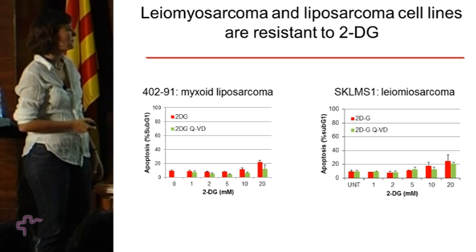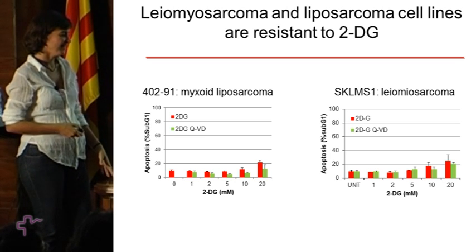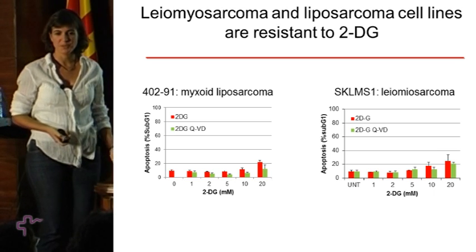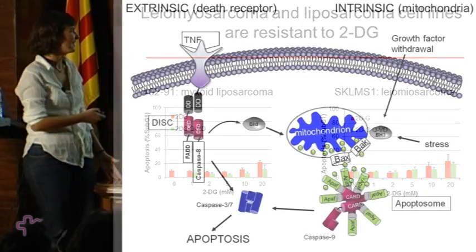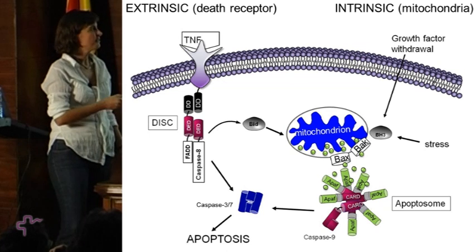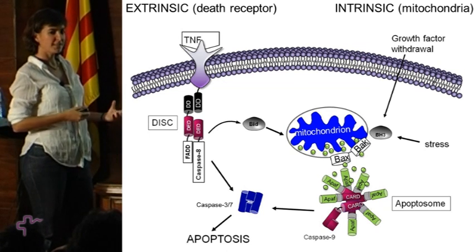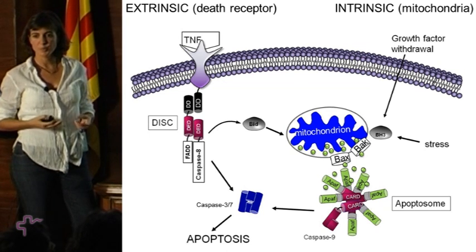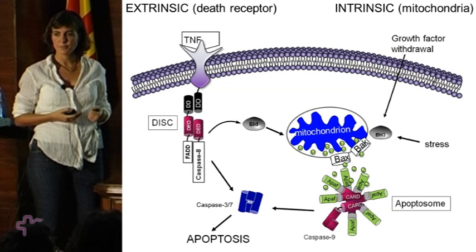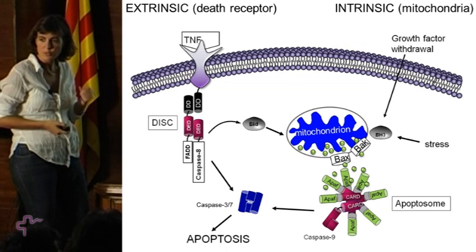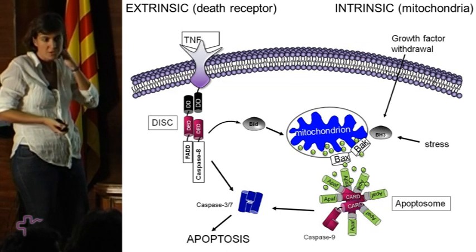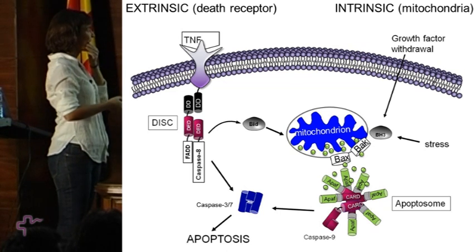We decided to study the cells that do die with 2-deoxyglucose to try to understand the mechanism, which are the alveolar rhabdomyosarcoma. So again, a reminder of the two pathways of apoptosis. We're trying to understand what the key molecules are that could predict whether tumor cells will be responsive or not to death induced by 2-deoxyglucose, and hopefully by all sorts of antiglycolytic analogs.